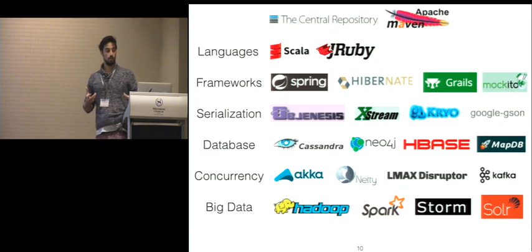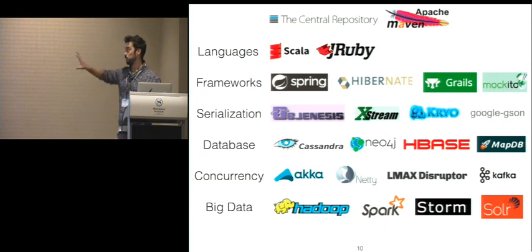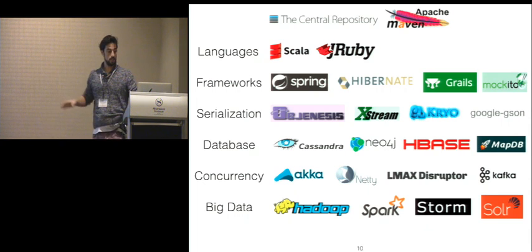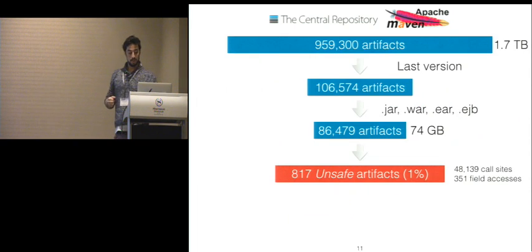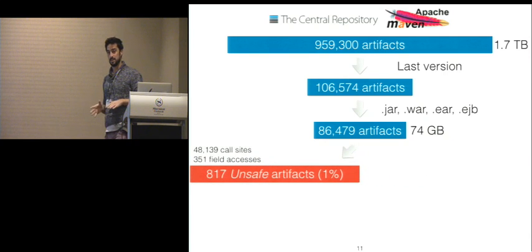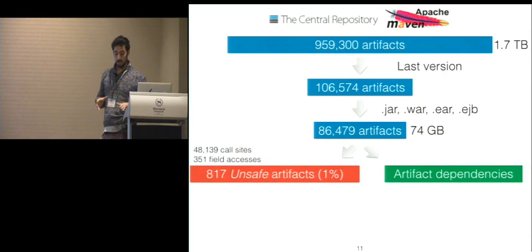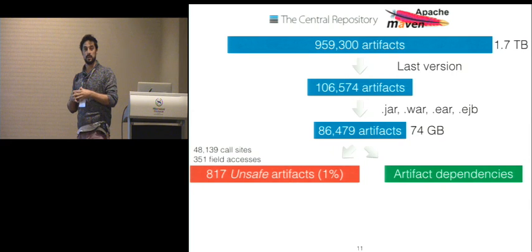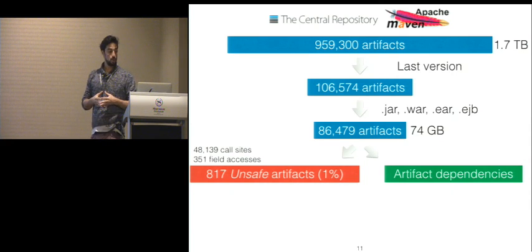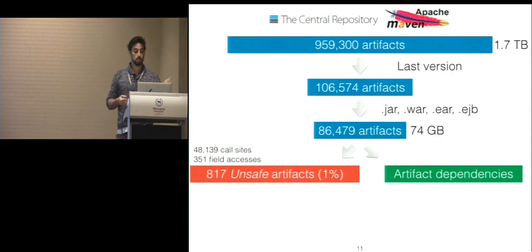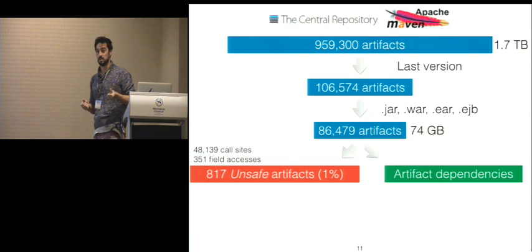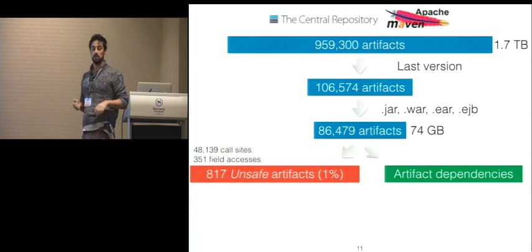So then we know, okay, we think that these are popular libraries. So let's go back and try to make a parallel analysis. In Maven, all the artifacts declare their dependencies. So what if we take the transitive closure of the projects that are using Unsafe and see who depends on those?